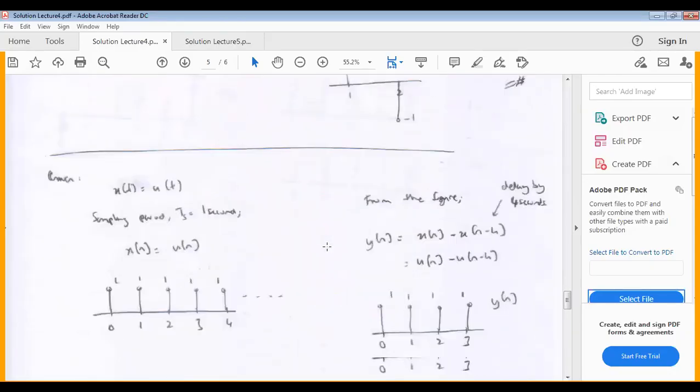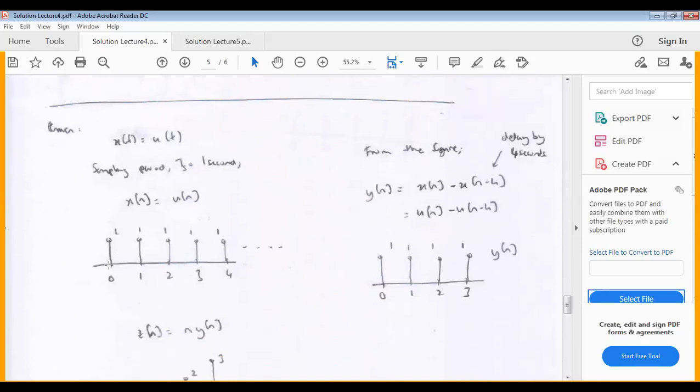We have xt equals ut. When we have a sampling period of 1 second, we are supposed to get xn equals un, in which the signal is sampled at 1 unit, so sampling happens at 0, 1, 2, 3, 4, and so on.